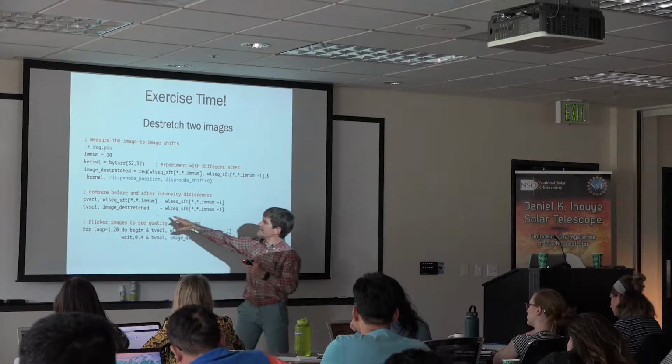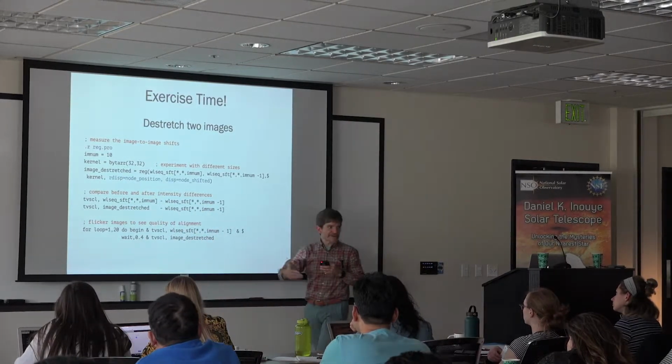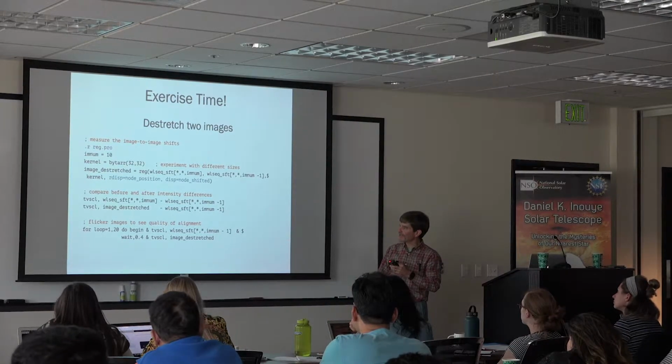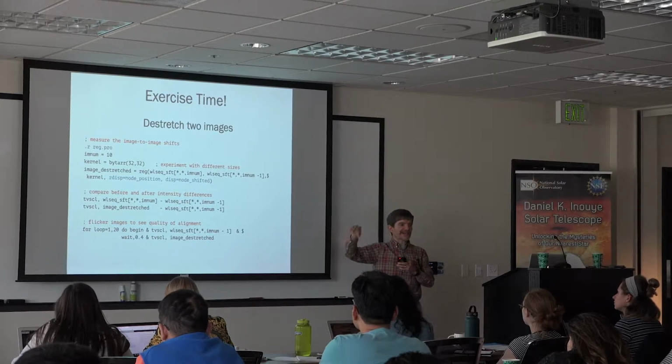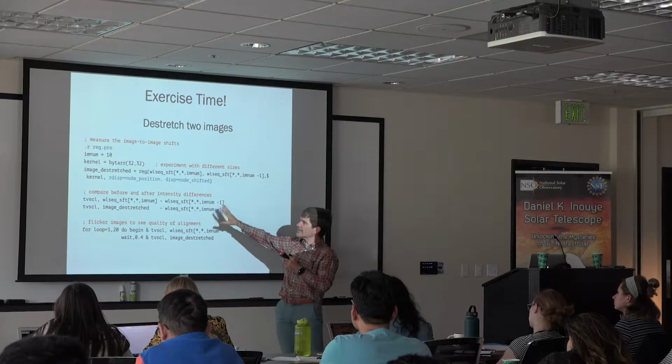If you do that same thing with the de-stretched output, you should see something a lot smoother, mostly just the noise, the photon noise and read noise in the image. That indicates that the de-stretch has properly worked and taken out those motions.